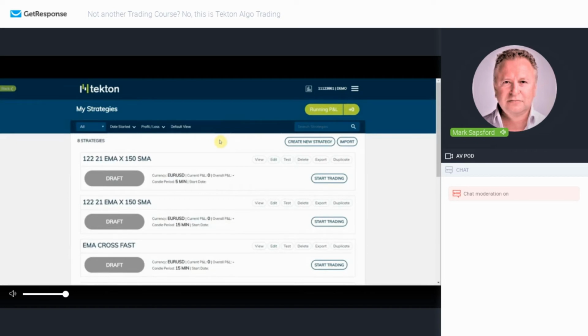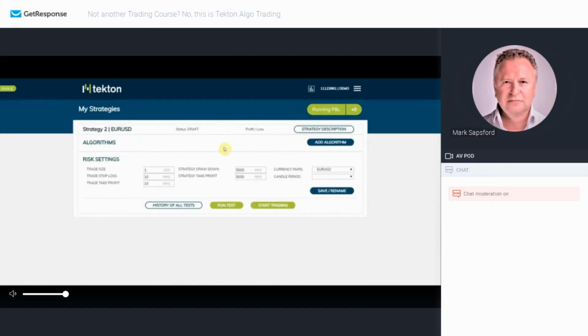So we can see some strategies already running in my account. When you get your new one, you'll have a completely empty screen here. So the first thing I'm going to do is create new strategy. This is where we start to create. So up comes the standard algorithmic trading strategy window. Currency pair sets at default to euro dollar.